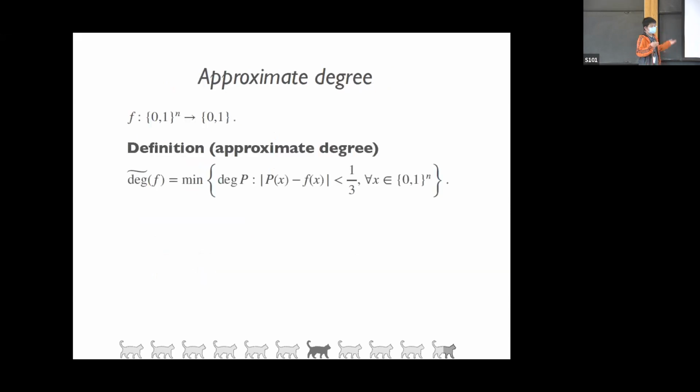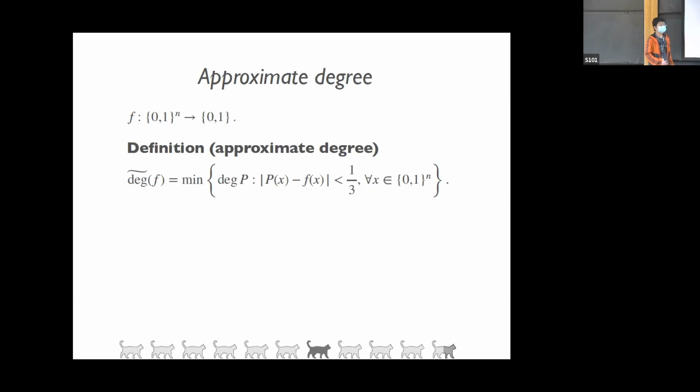All the discussion so far motivates the following definition: approximate degree. For any Boolean function f, we define its approximate degree to be the minimum degree of a real polynomial that approximates f pointwise, meaning the difference between the real polynomial p and f is at most 1/3 on any input on the Boolean cube.